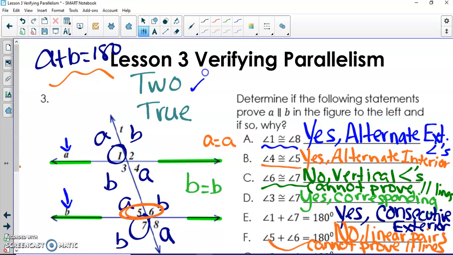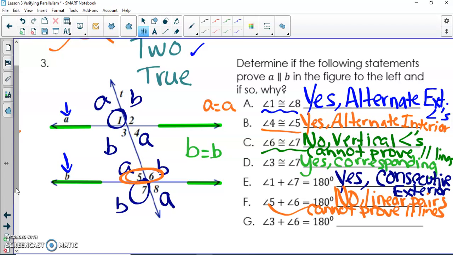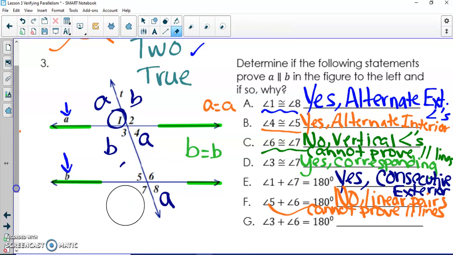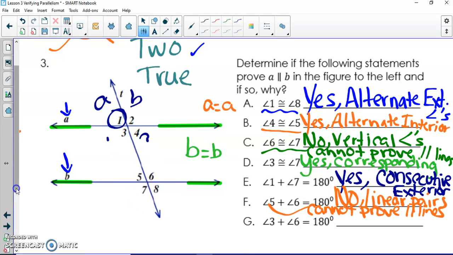Okay. And then last but not least, we have 3 and we have 6. Okay, they are on each of my parallel lines or hopeful parallel lines. I have 2 B's, so they should be equal.